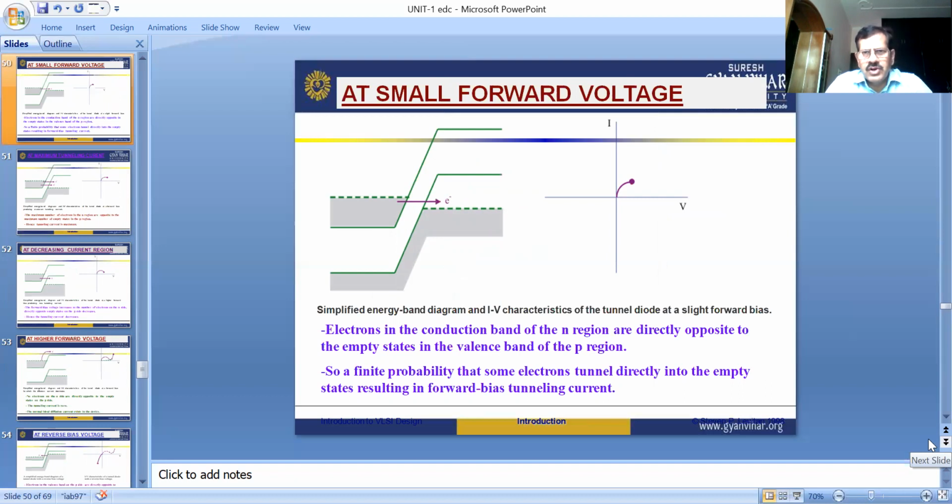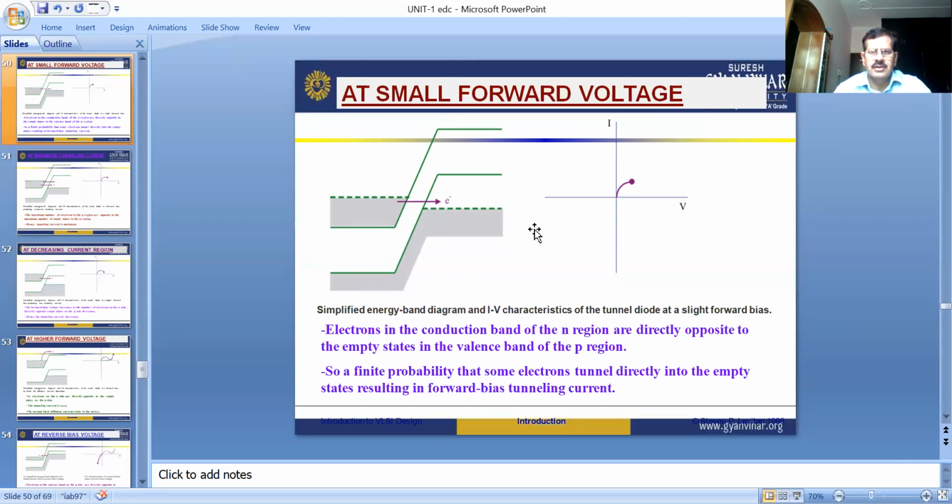At small forward voltage, now we apply a very small forward voltage across the junction. We see here in this graph, current versus voltage, a very small increase in the current with increasing voltage, and this shows the energy band diagram for a small forward voltage. Simplified energy band diagram and VI characteristics of the tunnel diode at a slight forward bias.